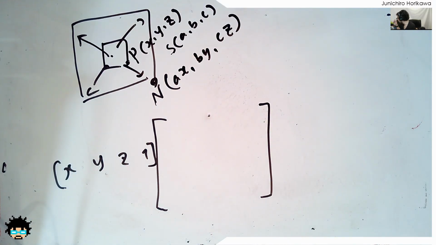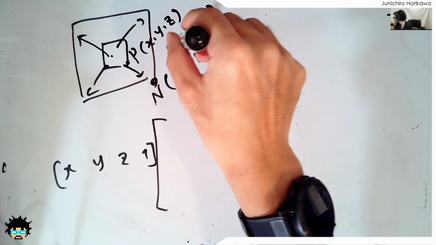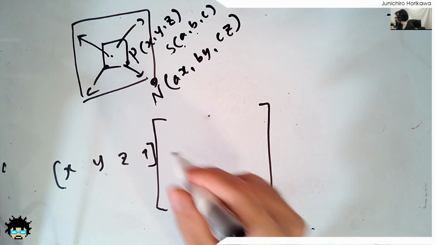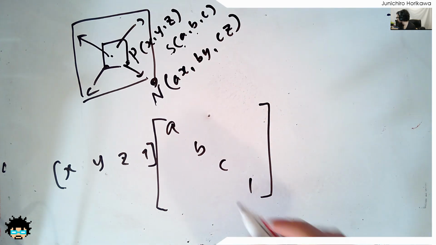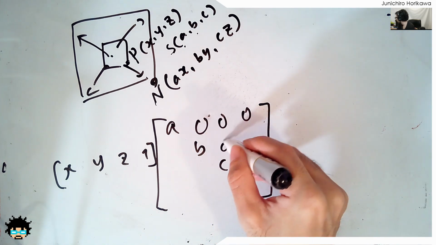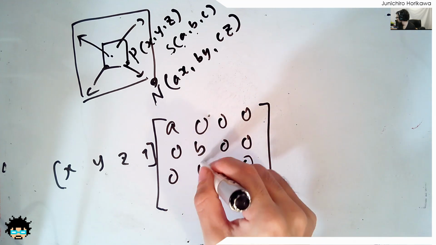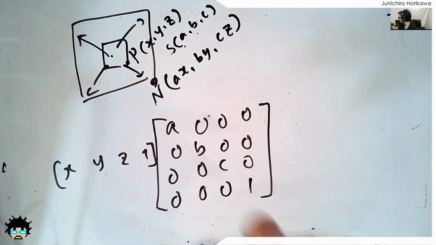And for the scaling, if you have a scale value a, b, c, it actually looks like this: a, b, c on the diagonal, the last one is 1 and the other values are 0. And this is the form of the matrix for the scaling.